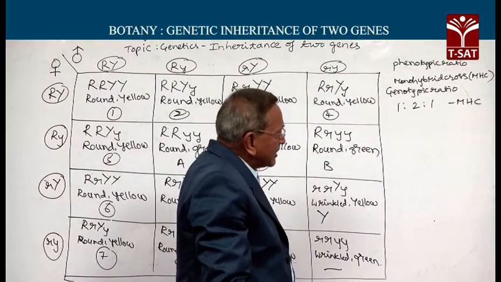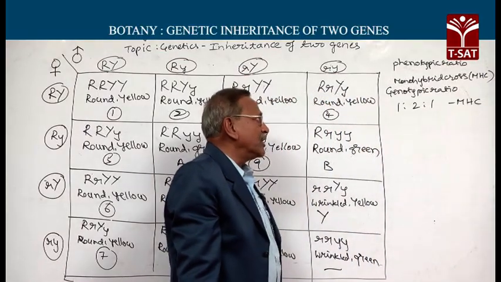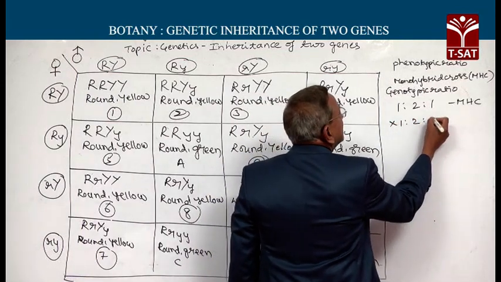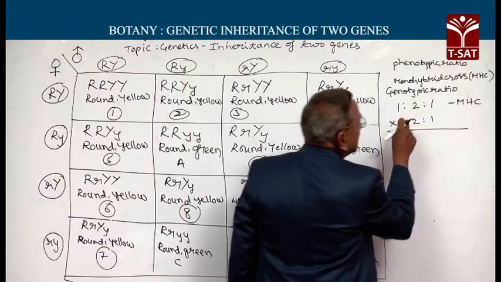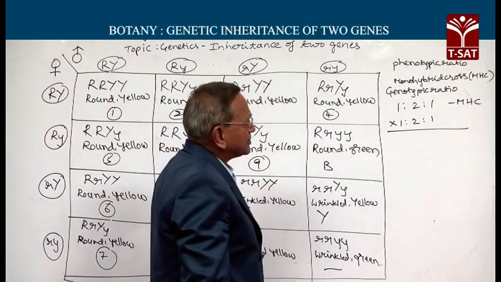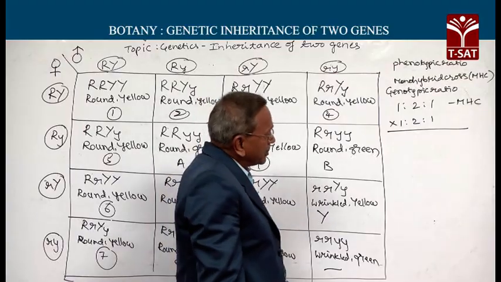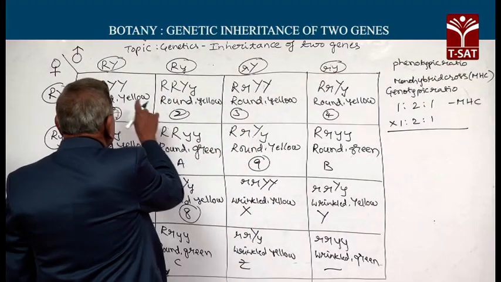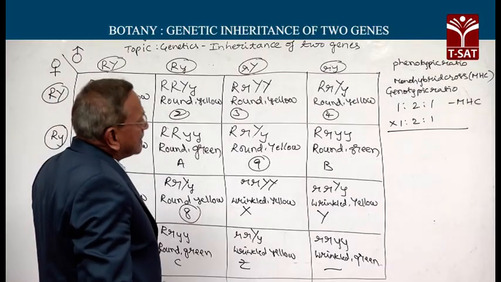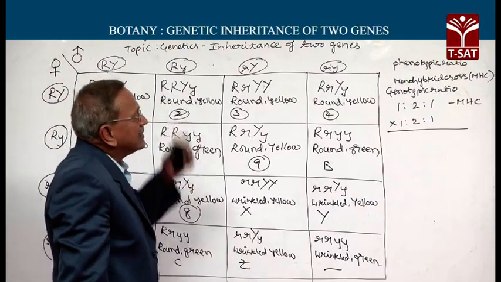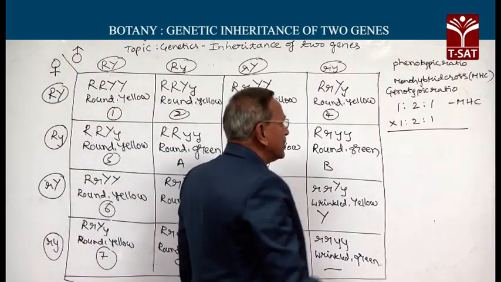And a dihybrid cross is product of 2 monohybrid crosses. We can, as in the earlier case, multiply one genotypic ratio of monohybrid cross with another genotypic ratio of monohybrid cross. Here, round and wrinkled represent one monohybrid cross, yellow and green represent another monohybrid cross.